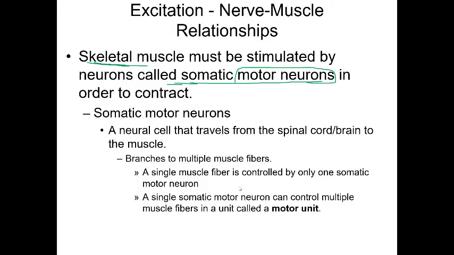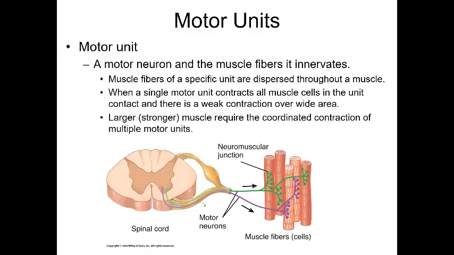Now, a motor unit is where the synaptic end bulb fuses with a muscle fiber. So this is what it looks like. So take a look at this motor unit right here. When a motor neuron and the muscle fiber innervates, it is called a motor unit. So here's your muscle fiber right here, and this is a neuromuscular junction.